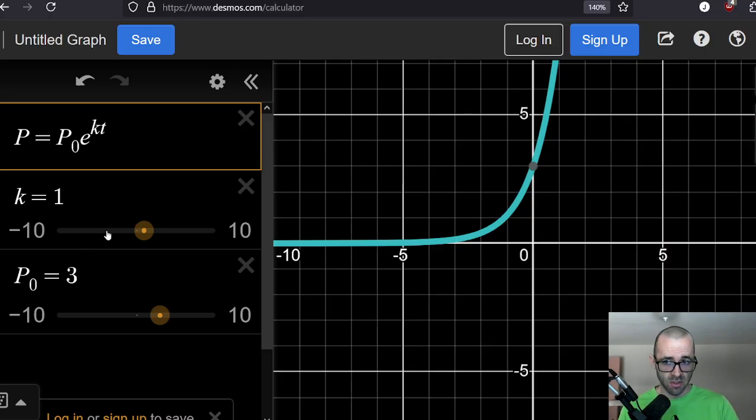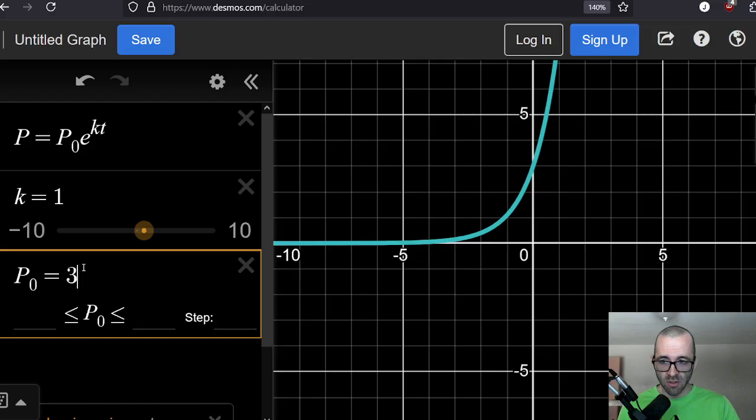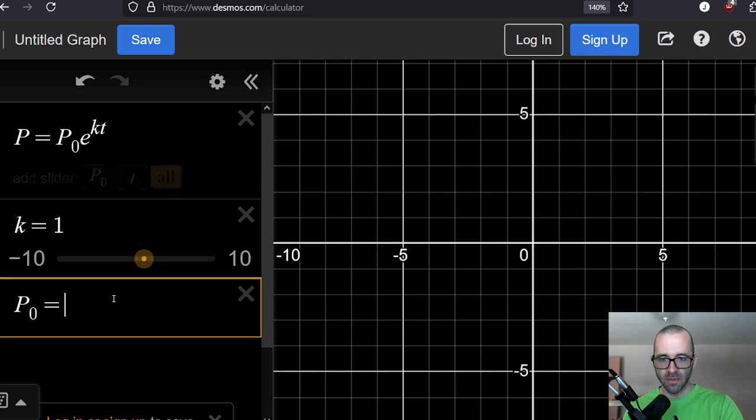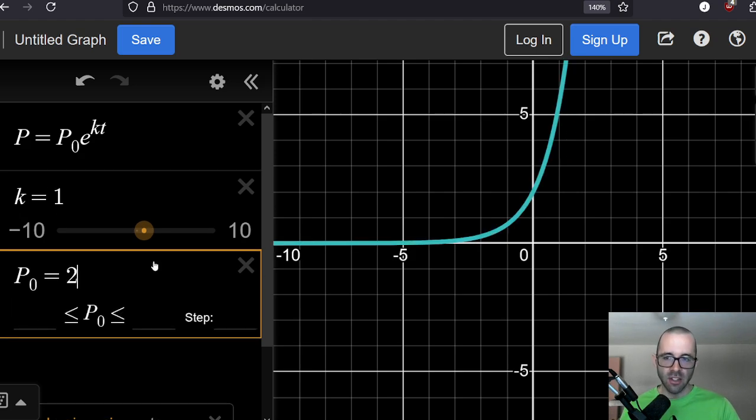There's one particular solution, and that particular solution was when we started with 100 moose. And we could zoom out to make this look better, but we have another particular solution for if we started out with 2 moose. I like moose. I don't like saying the plural of moose is moose, but that is correct.